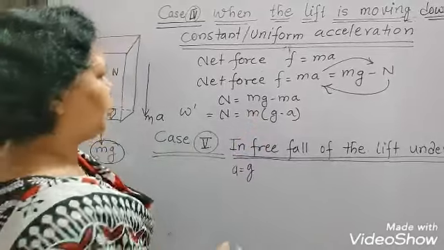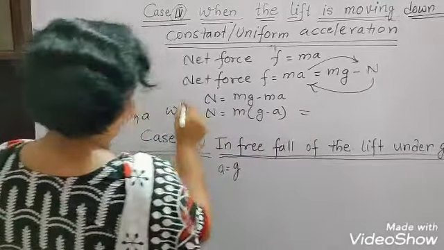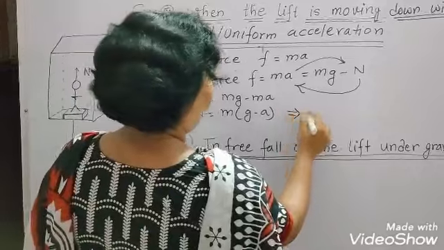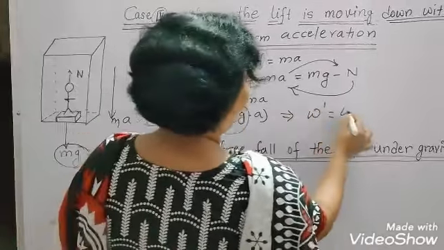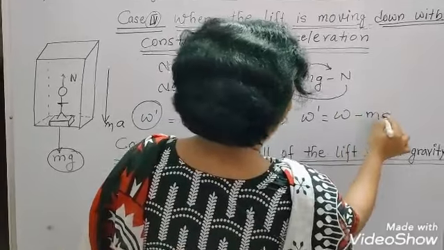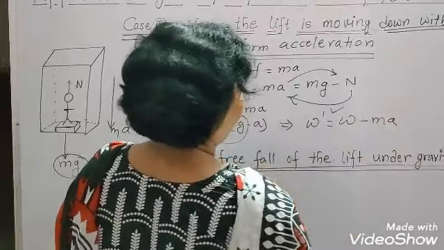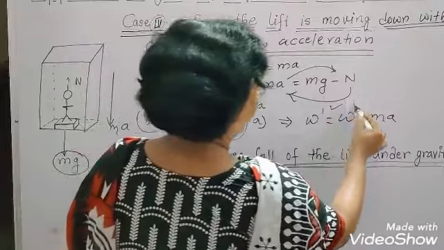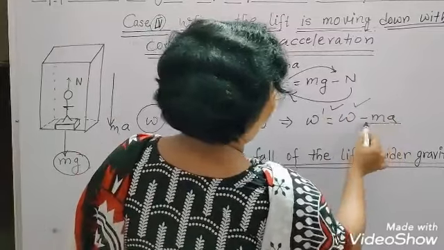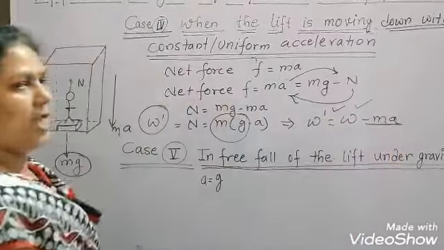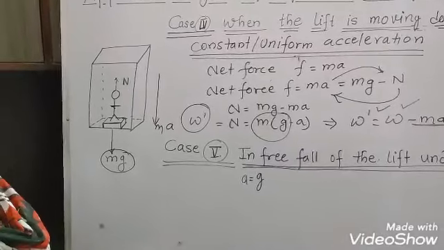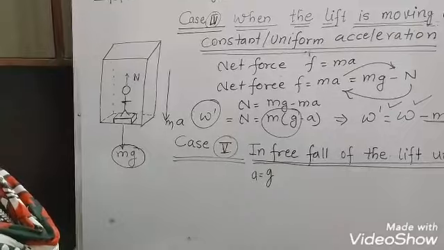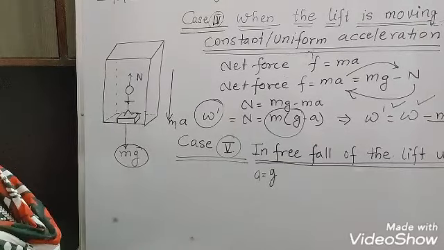So here we can write this is the apparent weight W dash, and mg is the actual weight, minus ma. So apparent weight will be less than the actual weight by amount ma in this case, when the lift is moving down with constant acceleration, or uniform acceleration, a.